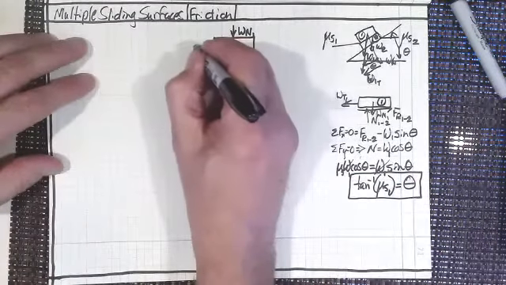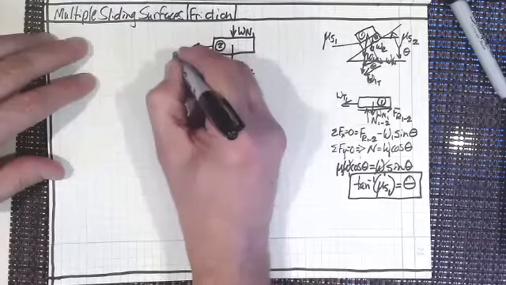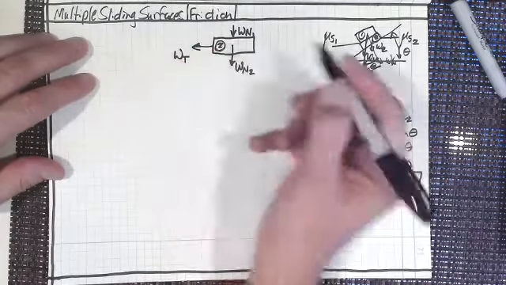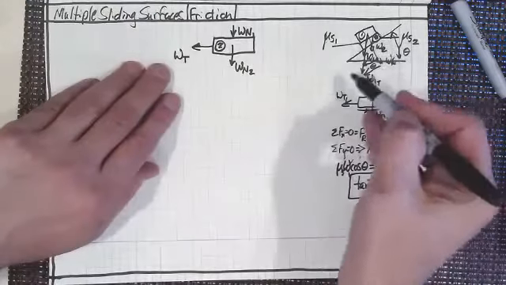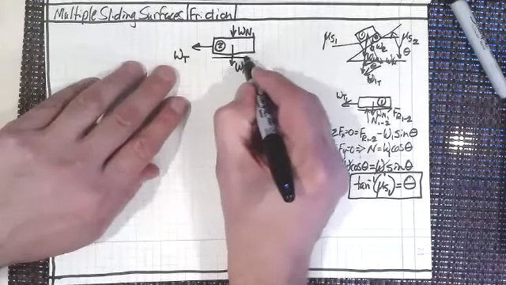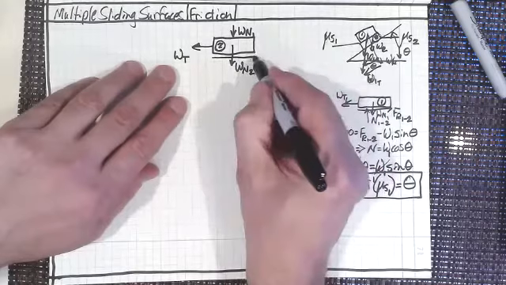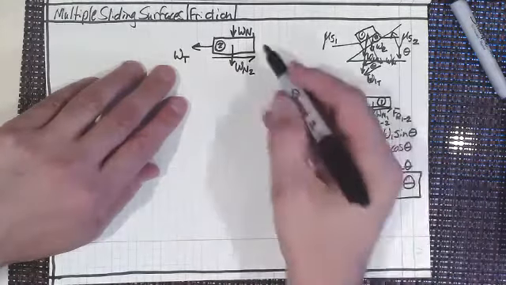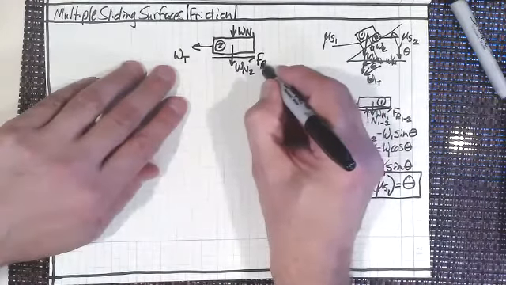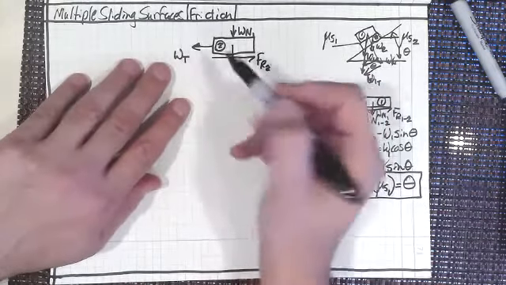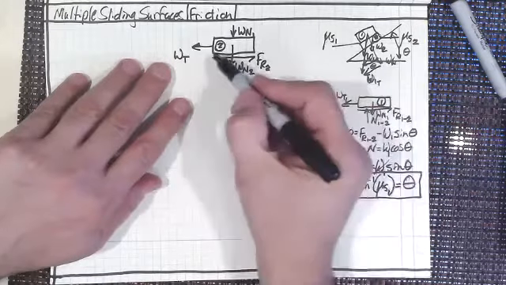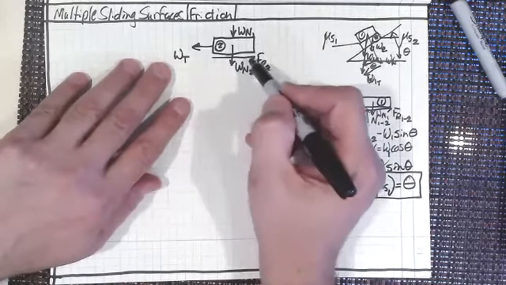So I've also got my W sub t on the end, and this thing now is going to be working against, just like this one was here, F sub R2 is going to be working against the motion of this moving down on the thing.